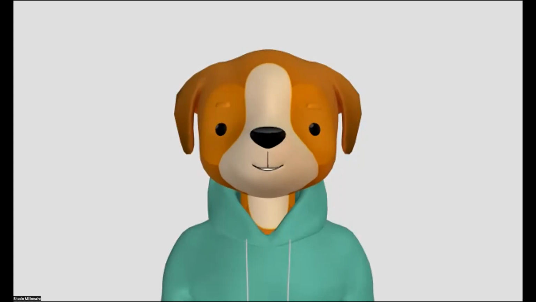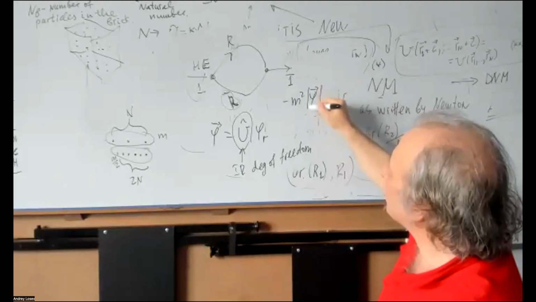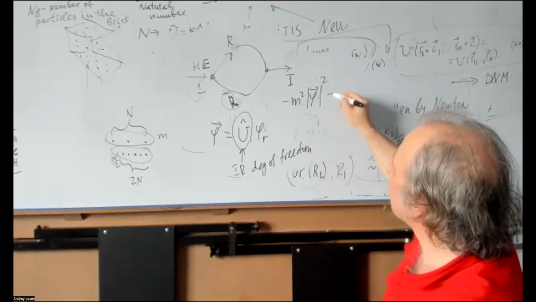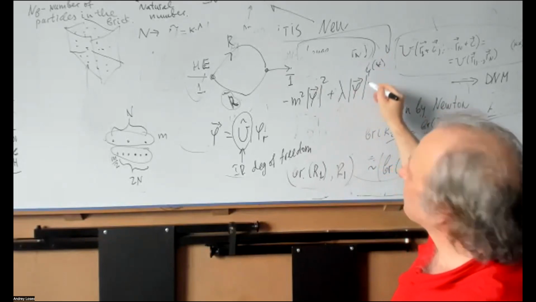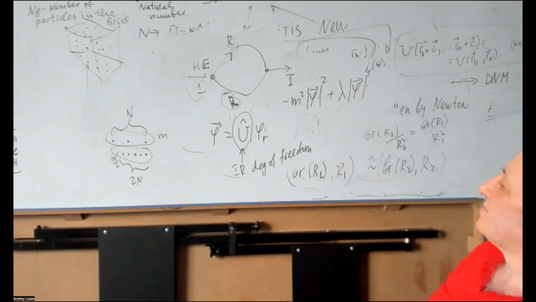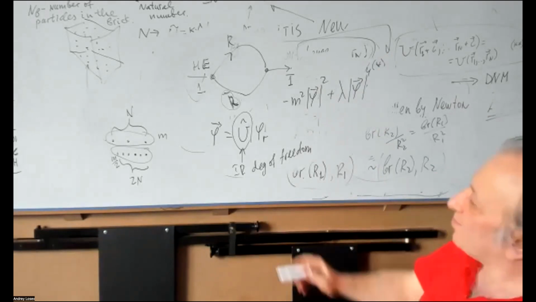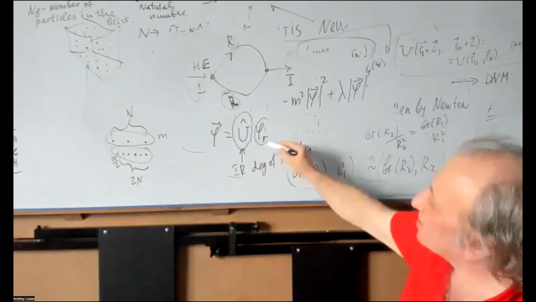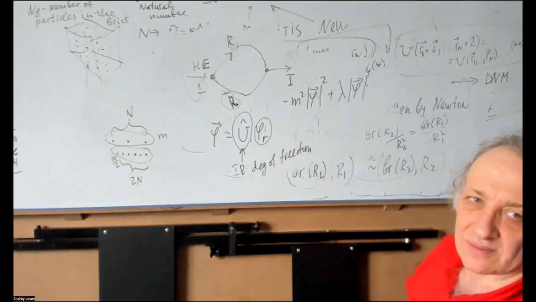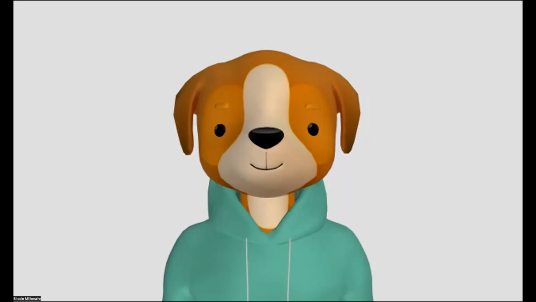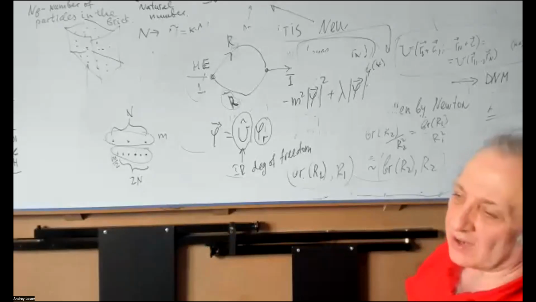I mean, if the potential is like this, you may decompose field phi into radial degrees of freedom and angular degrees of freedom. So angular degrees of freedom are low energy.